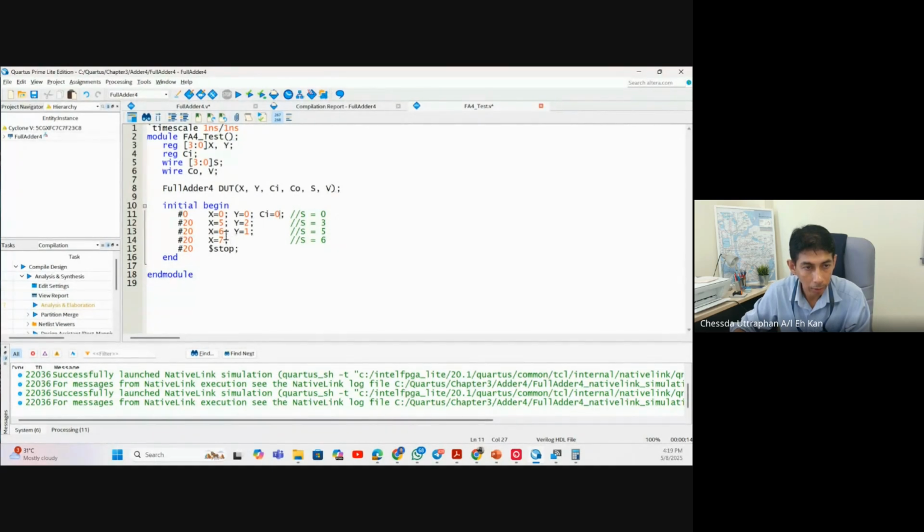So now let's see this. 6 plus 1 is 7. Now x equals 7. 7 plus 1 should be 8. And we should have overflow here, right? In this one.